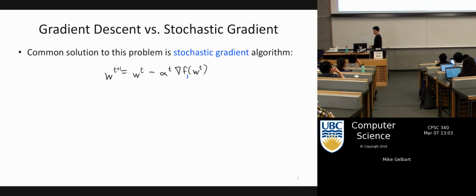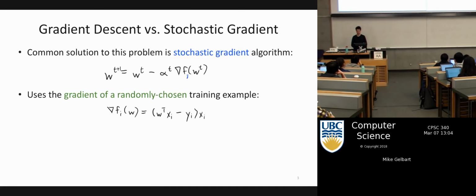This looks extremely similar to gradient descent, except there's this tiny little letter I in blue, which is really the only difference between what you're seeing here and what I showed you before for gradient descent. And what does that little I mean?